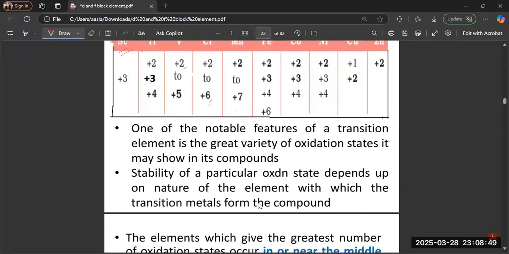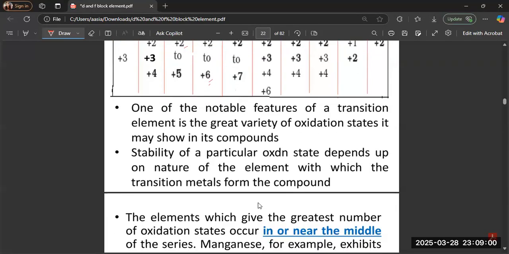And the stability of a particular oxidation state depends on the nature of the element with which the transition metals form the compound.